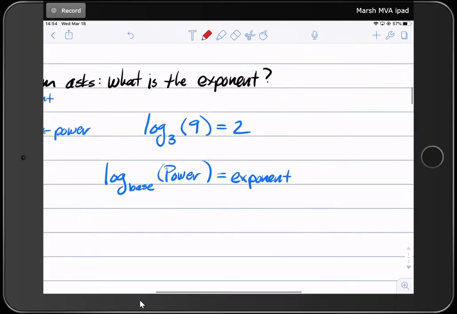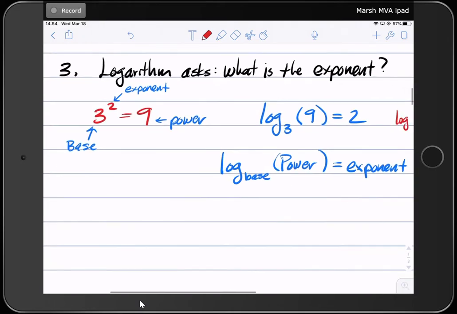Well, let me write it out for you here. You would say log base 3 of 9 is 2. That's how you would say it in words. If I were to rewrite the exponential thing now in words, it looks like this. You would have your base written on the line, and then your exponent would be a superscript, and then that's equal to the power.